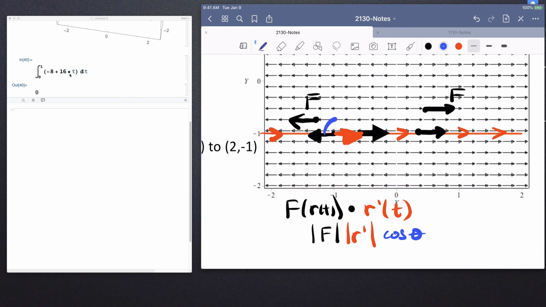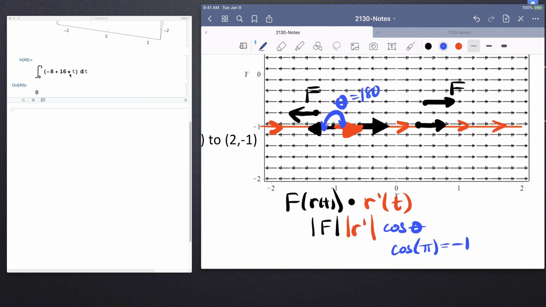Here the angle between the force and the direction of motion is equal to 180 degrees. The cosine of 180 degrees, or pi, is equal to -1. So the vector field and your direction of motion are opposing each other. That's in a sense a negative work.